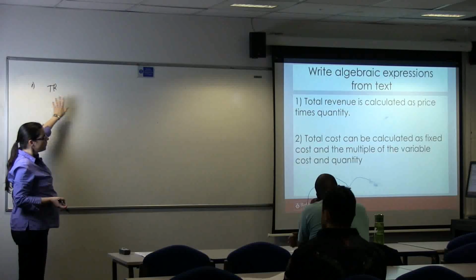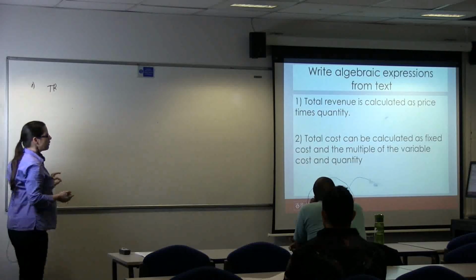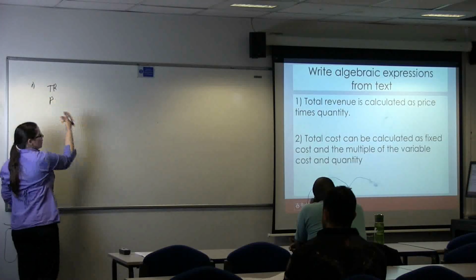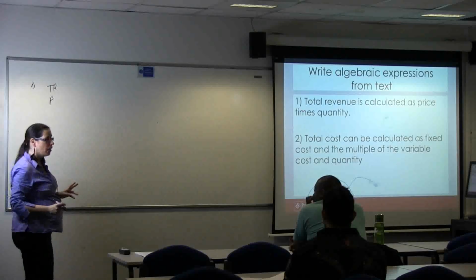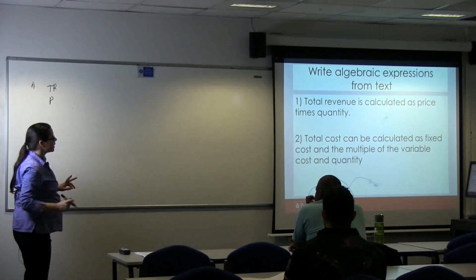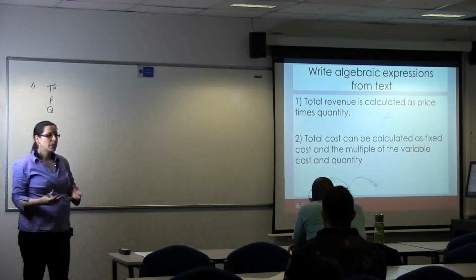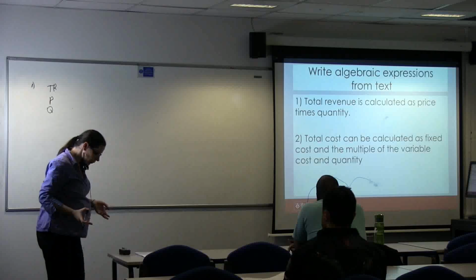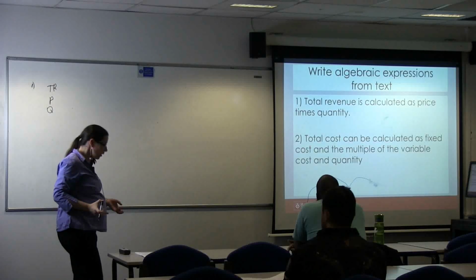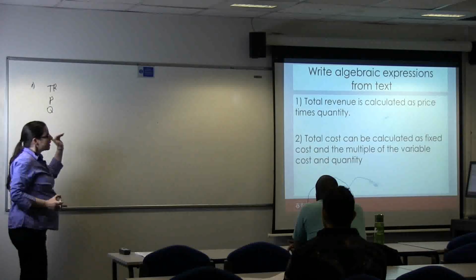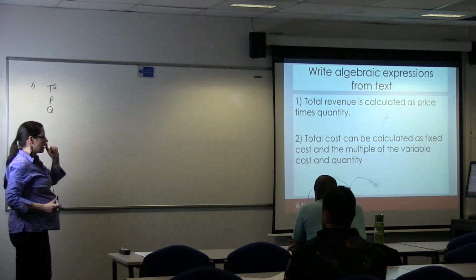So total revenue, price is usually represented by capital P, sometimes small p, depends on the context. And quantity is usually represented by capital Q, but sometimes lowercase q as well. So question is, how can I write that sentence in the language of mathematics?